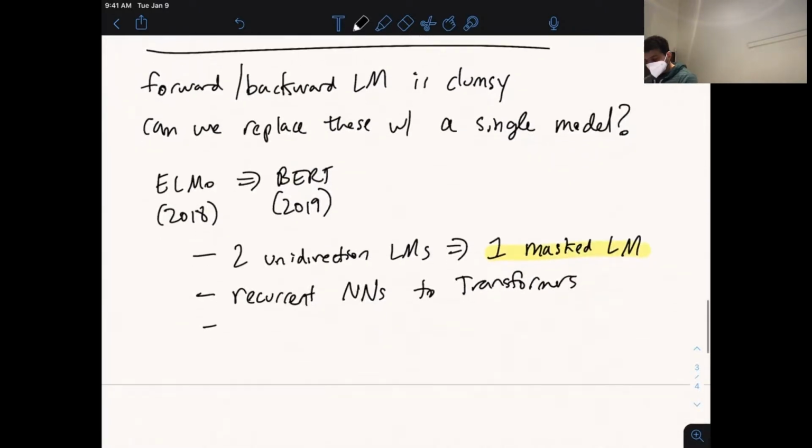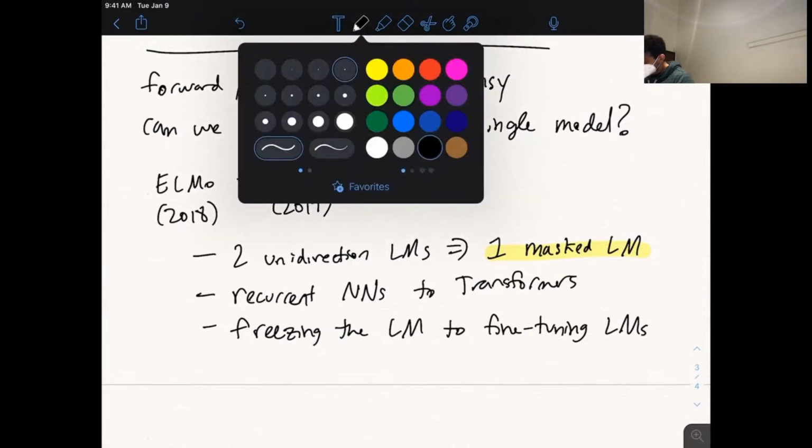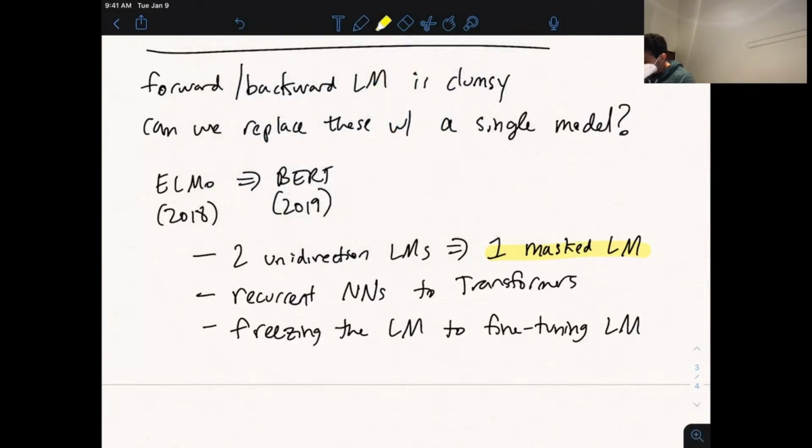We went from freezing the LM to fine-tuning it. So we'll talk about what that means in a bit.